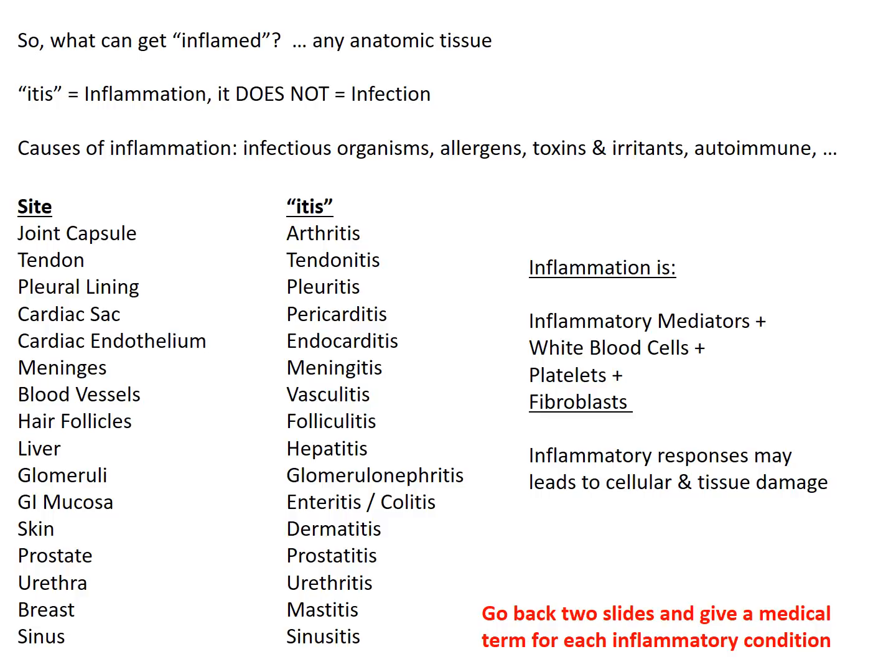The inflammation is due to the irritation of the chemicals that got sprayed in your eyes. And then autoimmune, again, is not infectious. It's the inflammation being targeted to a self-antigen or something inherent in the body. All right, so there's some medical terminology. There's a number of different types of itises there. I'm sure you're all familiar with that med terminology, so we don't really need to go through it.